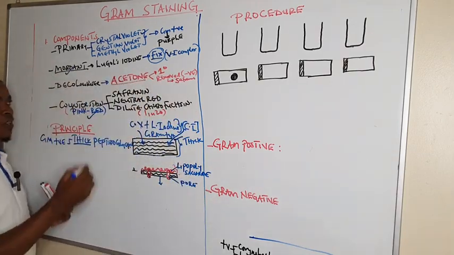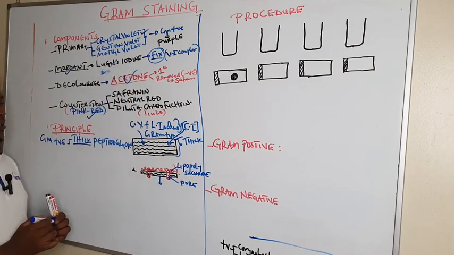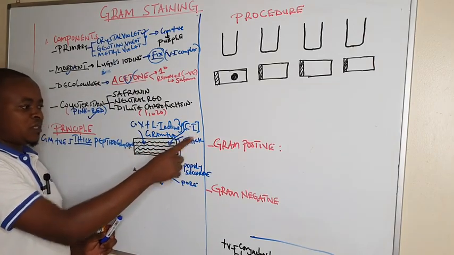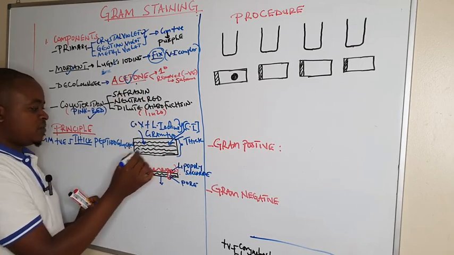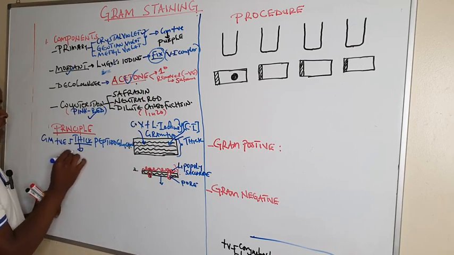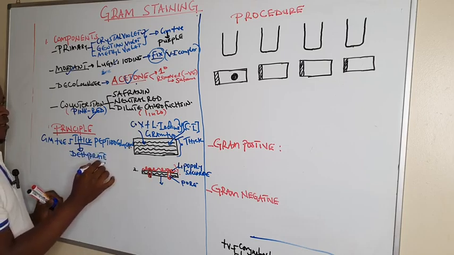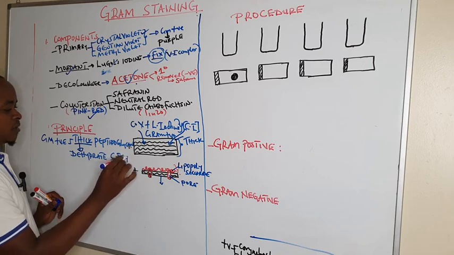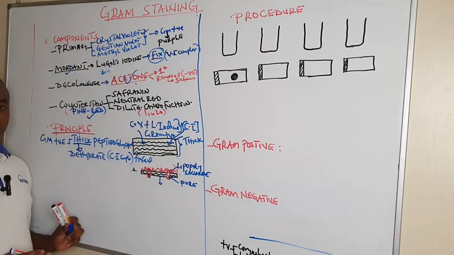So on addition of the decolorizer, that is acetone, what is the acetone going to do? It is going to dehydrate the thick peptidoglycan layer, causing the crystal violet iodine complex to be fixed within the thick peptidoglycan layer.